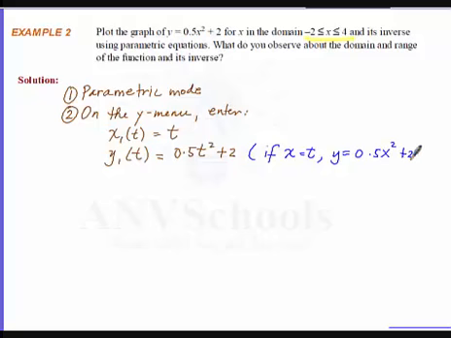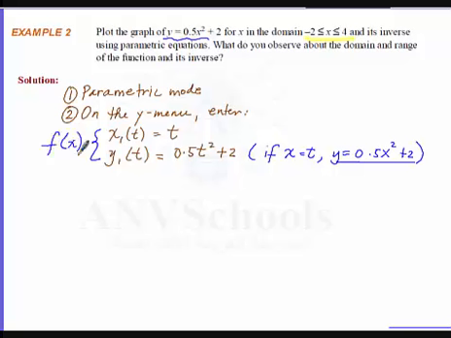This one is just like a shadow for 0.5 t squared plus 2. Now this is setting the Y menu on parametric mode for our function of x.